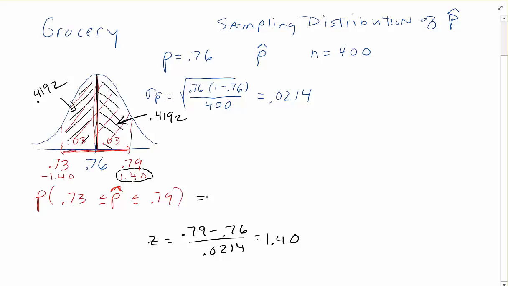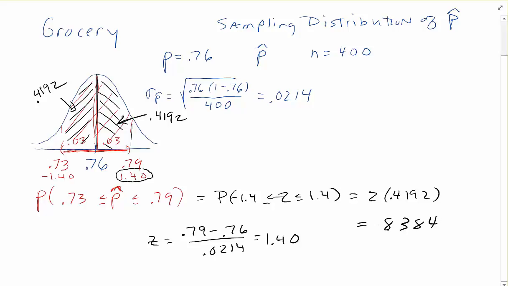And then my probability statement to finish that out. The probability that the sample percentage is between 0.73 and 0.79 is the probability that the z-value is between negative 1.4 and 1.4, and that is 2 times 0.4192, which equals 0.8384, or approximately 83.8% probability.